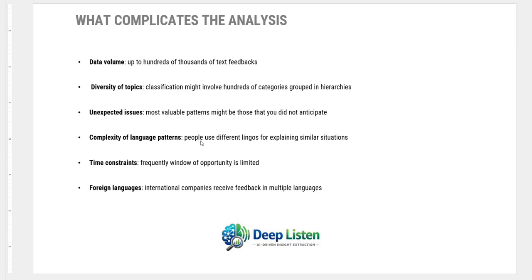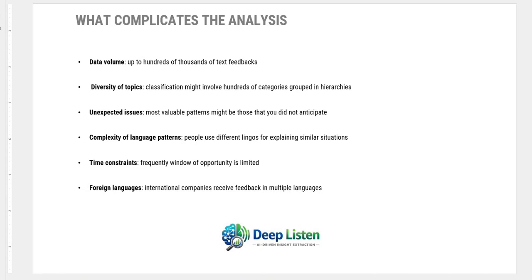And I was talking already about the time constraint, so the window of opportunity that you have might be quite limited. And companies that are international, they also have to deal with foreign languages. So the feedback might come in Spanish, it can come in Chinese, it can come in French, and you still have to bring all this data together and analyze it jointly.